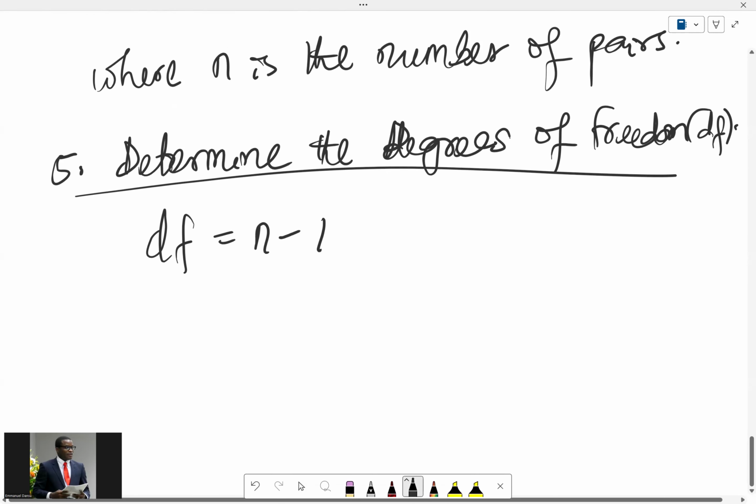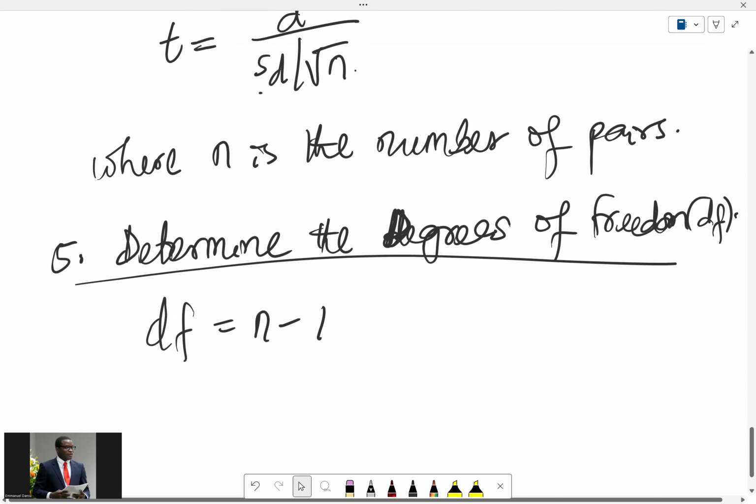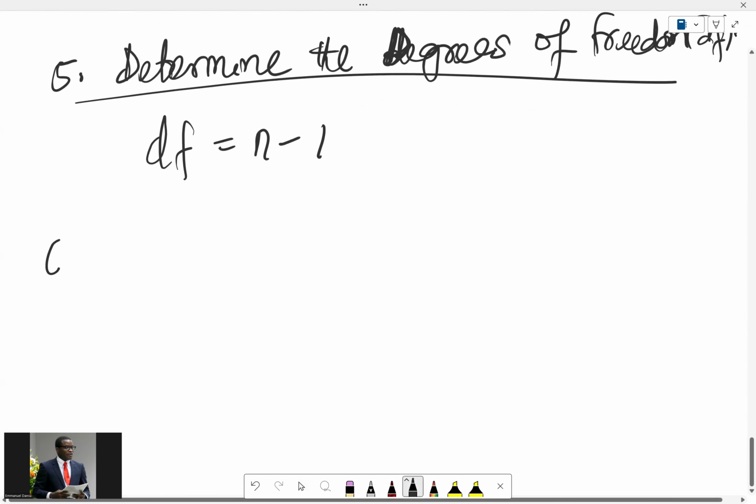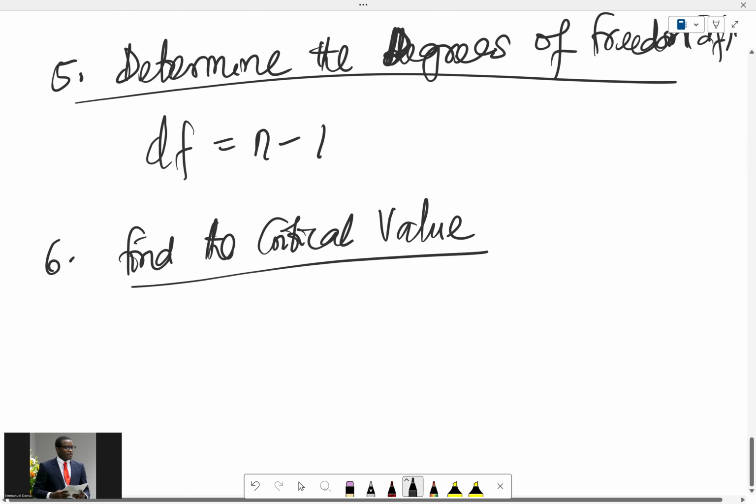Of course, n here is the number of pairs, not the individual measurements. It is simply the number of pairs, just like the n up there. Then we go for 6, which is to find the critical value. This is from where you get the critical t value.